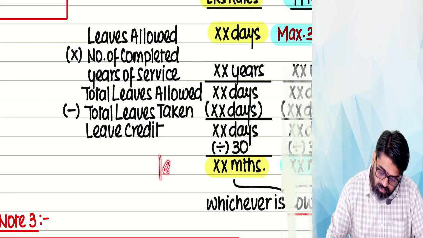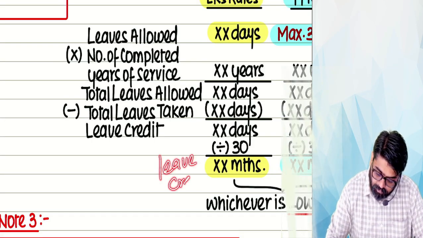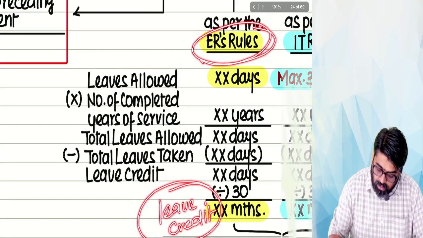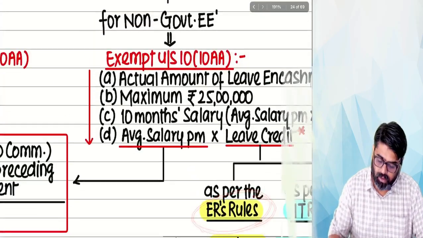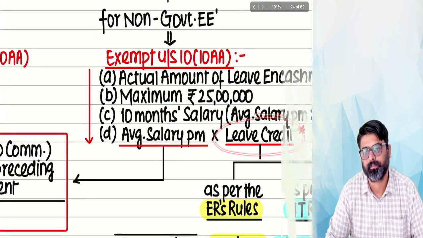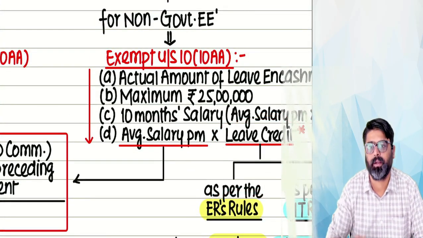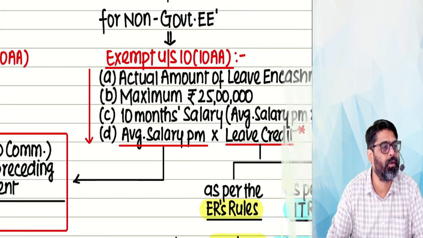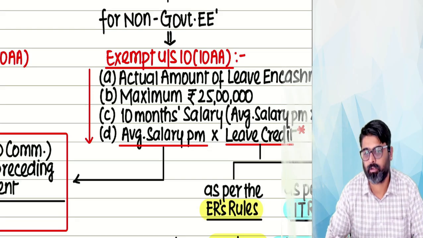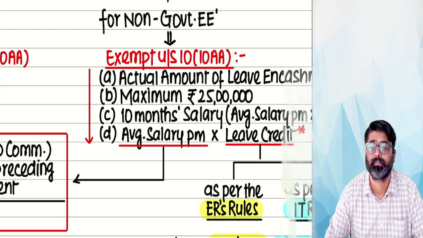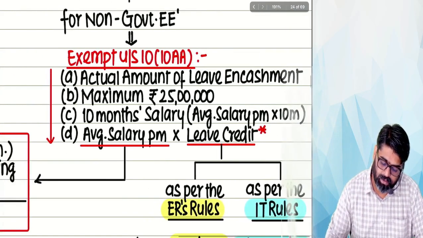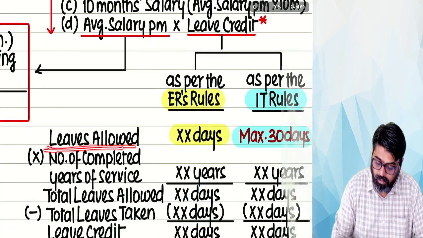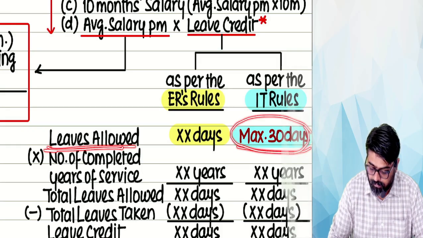If this leave credit, as per the employer's rule, is also taken for exemption, that is manipulated. That can be a higher leave credit also. Getting my point? So, income tax rule. Which rules? They have provided that the leaves allowed by the employer can be maximum.